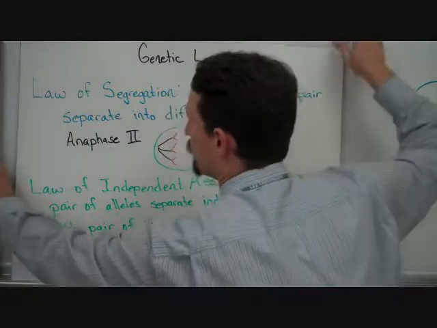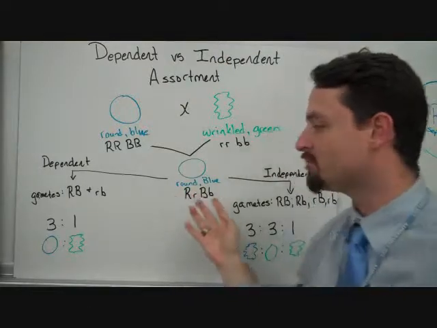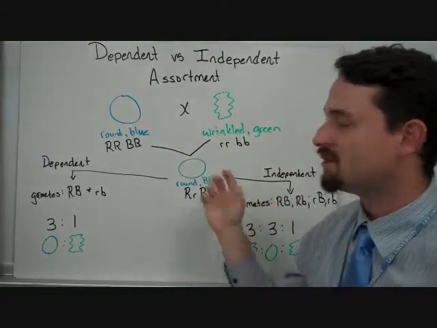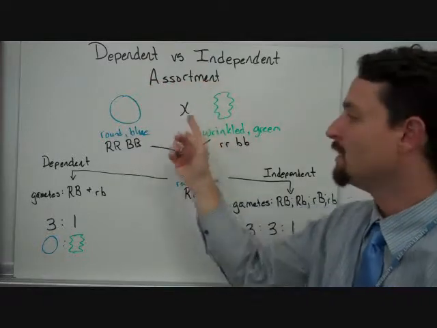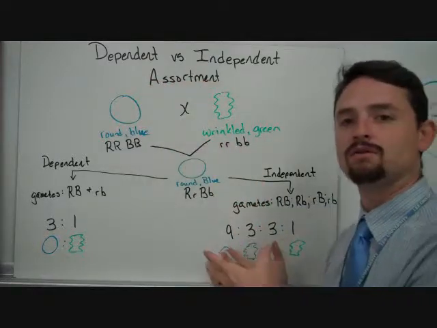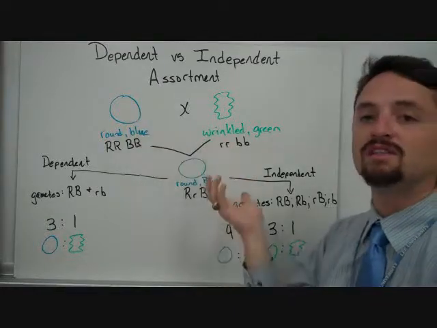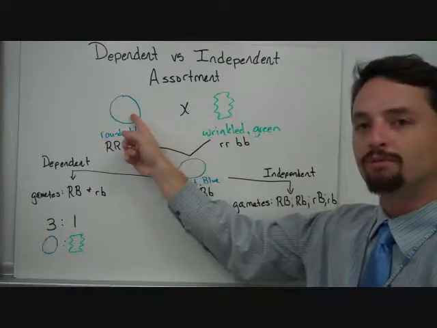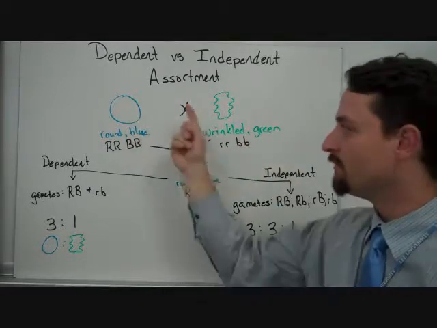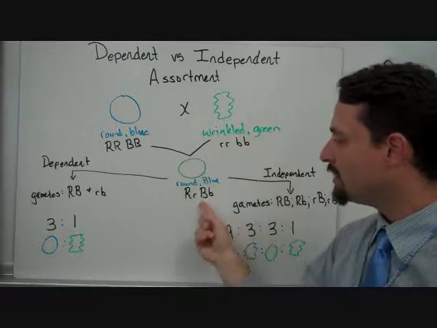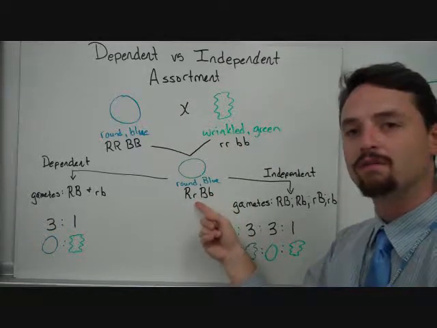Now, when we're looking at that in a real life demonstration, to see whether it's dependent assortment or independent assortment, you can take this little example here. So if you have, let's say, a seed that is either round and blue or wrinkled and green, and round and blue are the dominant ones. So if these are the P generations, then your F1 generation is they're all round and blue and they're heterozygous.